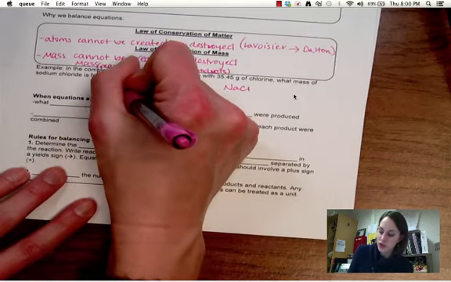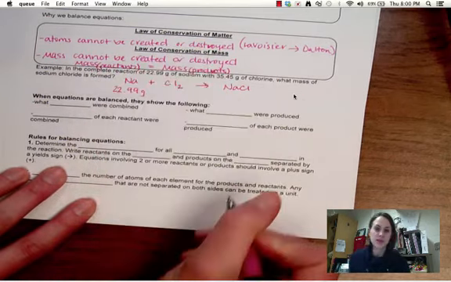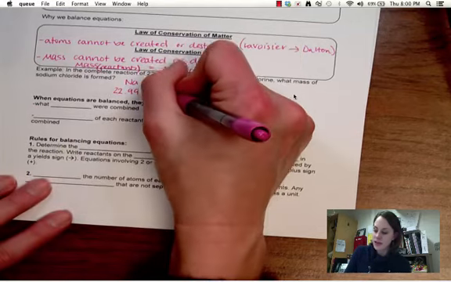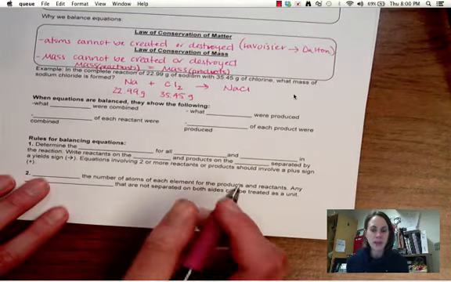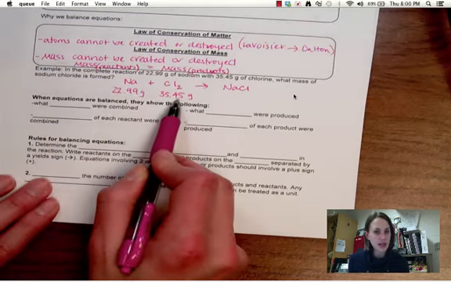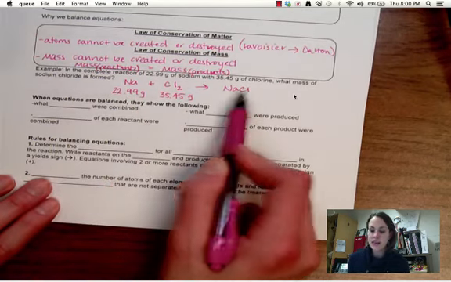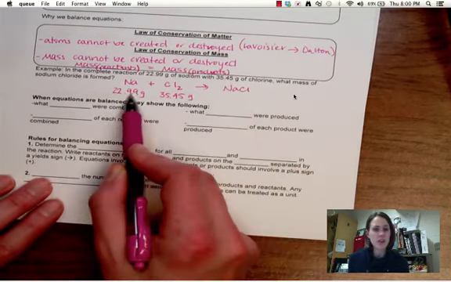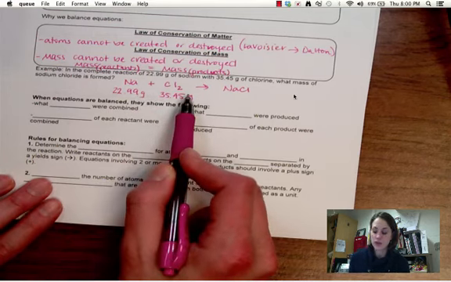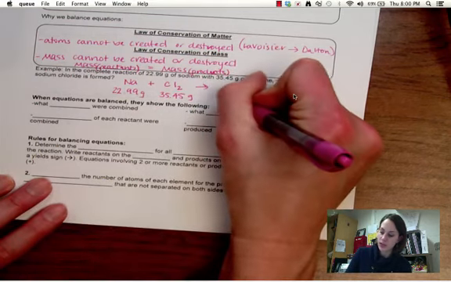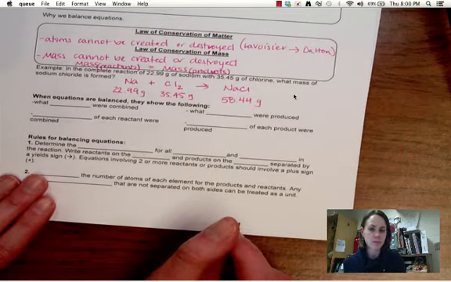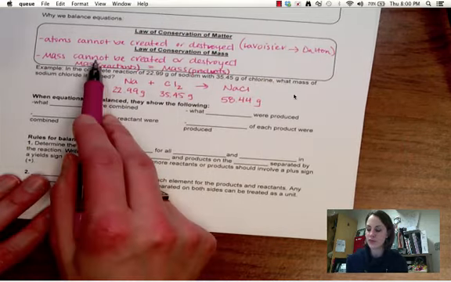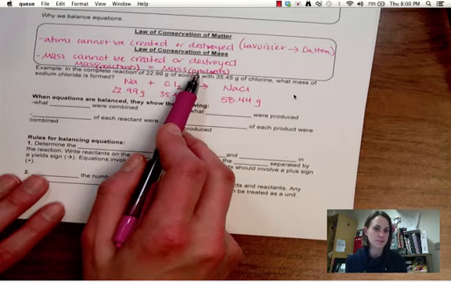And I know if I have 22.99 grams of sodium and I have 35.45 grams of chlorine, if this is the mass of my reactant side, then the mass of my products should really be those two things added together. So if I add those two up, I get 58.44 grams of product. So that's what that's showing us here, is that mass of reactants equals the mass of products.